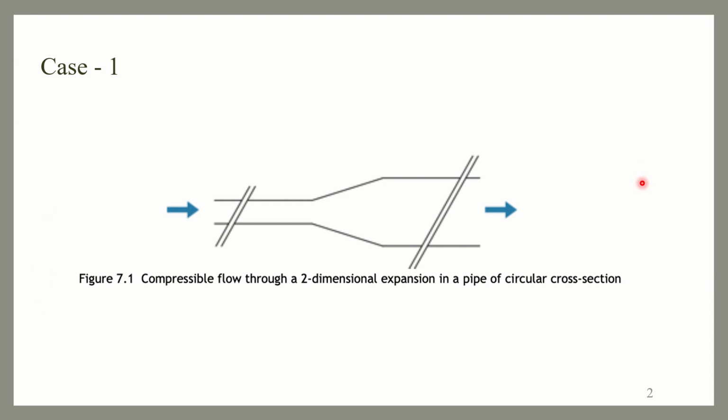So this is case one. In this we are seeing a figure where a fluid is entering through this and leaving through this particular section. What is given in this? Compressible flow through a two-dimensional expansion in a pipe of circular cross-section.